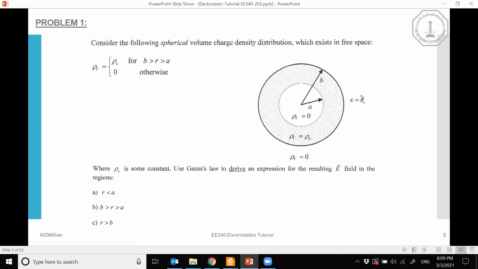So how are we going to proceed? We will enclose our spherical volume distribution, this problem space that we have in our hand, in a Gaussian surface, and we apply Gauss's law.